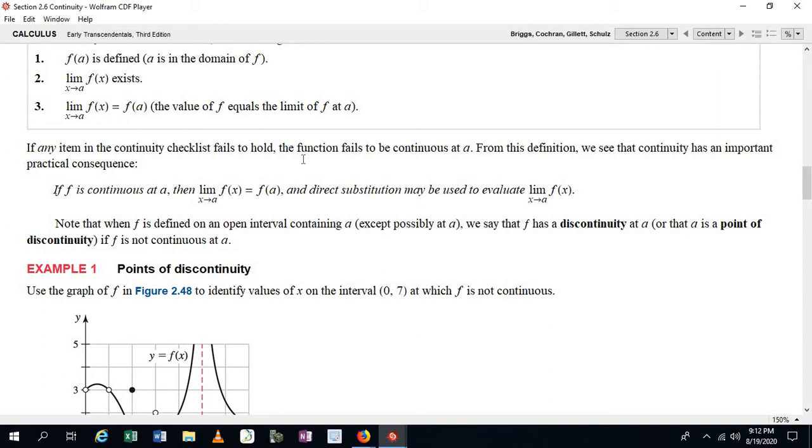And so the reason we could use direct substitution to evaluate the limit of linear functions, polynomials, and rational functions is because they were continuous at that point a that x was approaching in the limit. Okay, so I think this is what you should remember going forward.